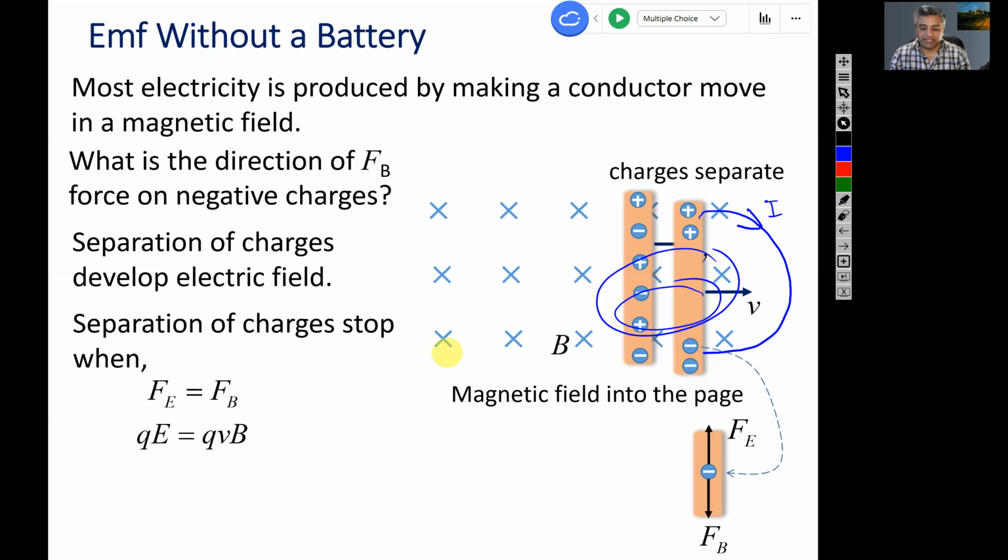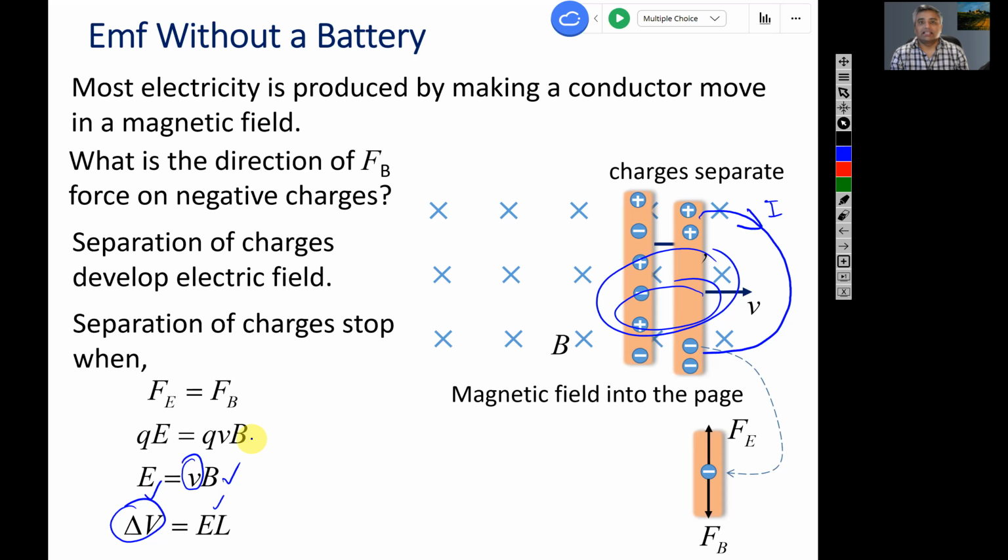We have seen this equation. It tells us how much electric field is generated, and from the electric field and the separation distance, we can find the electric potential. If this was a battery, it would be that many volts. So the electric field depends on the speed and the magnetic field.